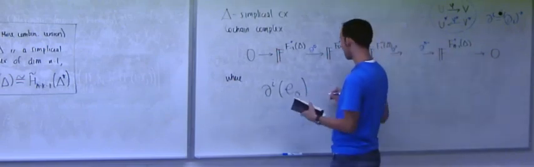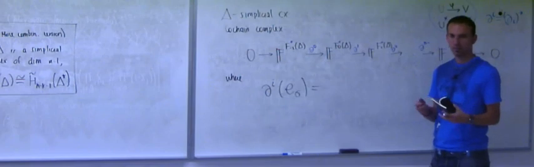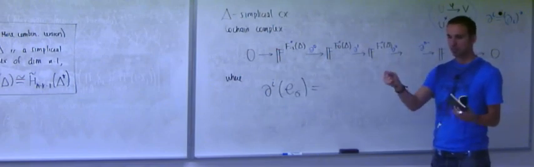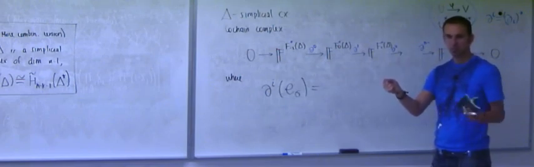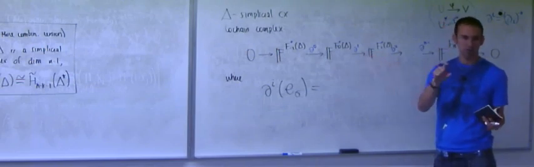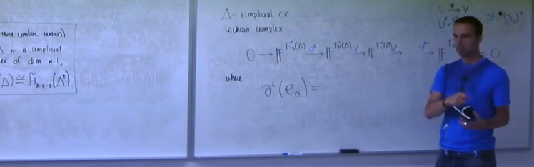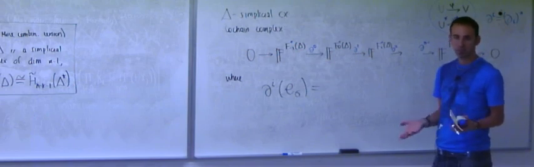And the way you do that is, remember what we did before? To take the boundary map, we took a phase and then we took each vertex out one at a time. So the boundary of ABC was: take away A, you get BC. Take away B, you get AC. Take away C, you get AB. Now we're going to do exactly the opposite.